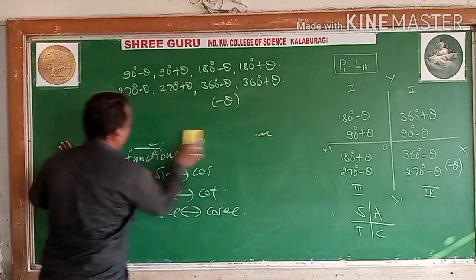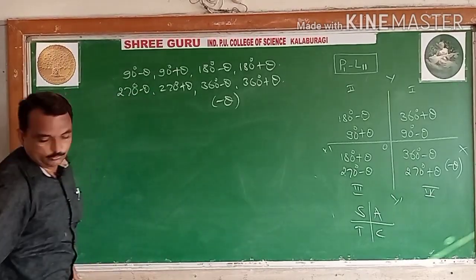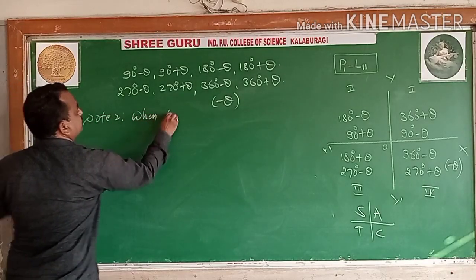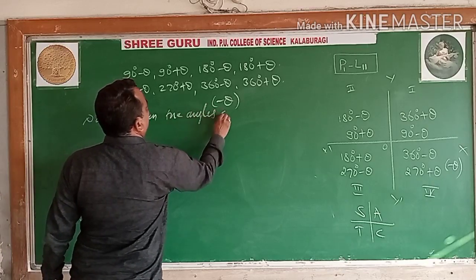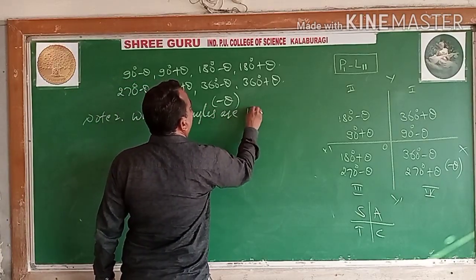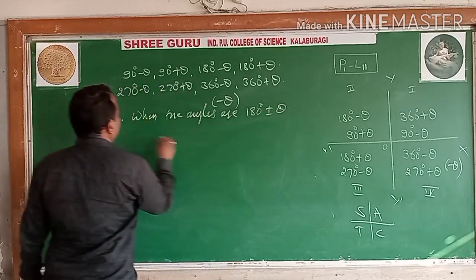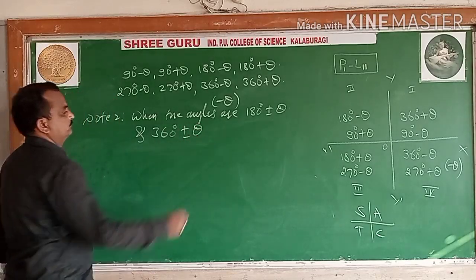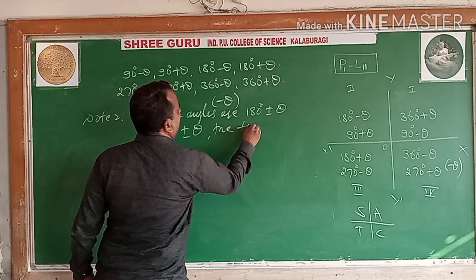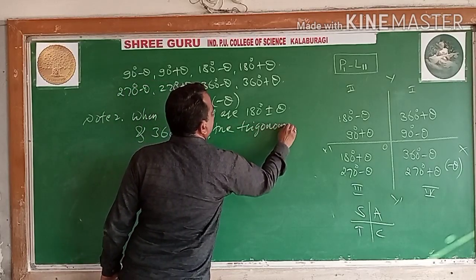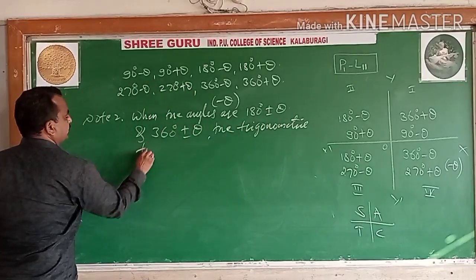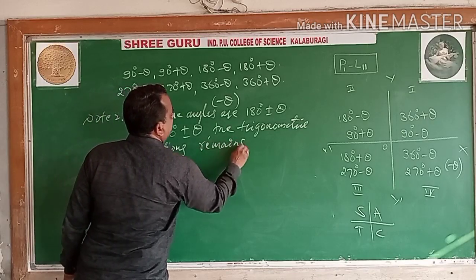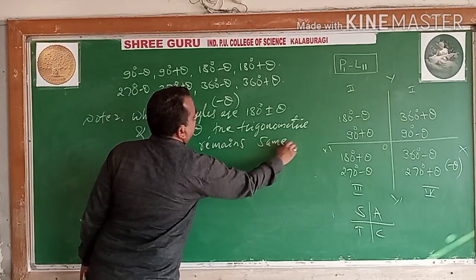Now come to note 2. When the angles are 180 degree plus or minus theta and 360 degree plus or minus theta, the trigonometric functions remain the same.